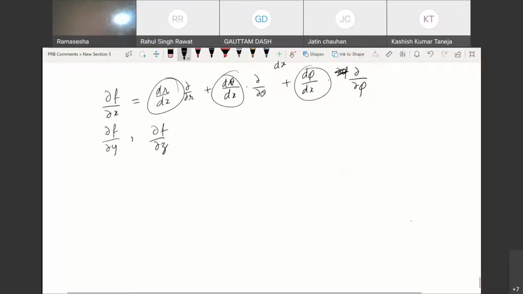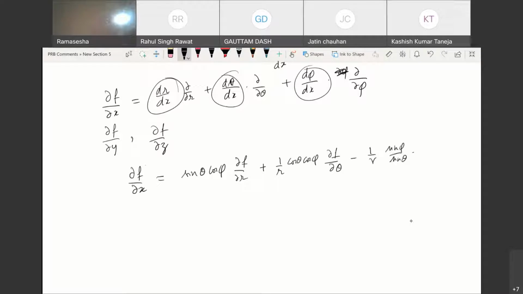So to get the next one, if I substitute, I have sin theta del f by del r plus 1 by r cos theta del f by del theta minus 1 by r sin phi by sin theta into del f by del phi.